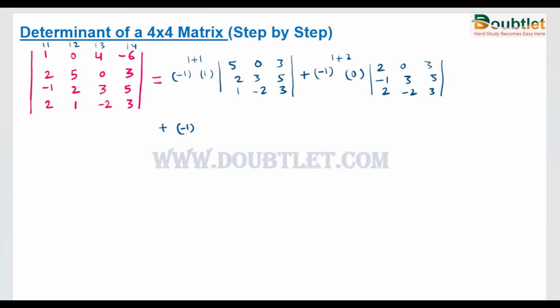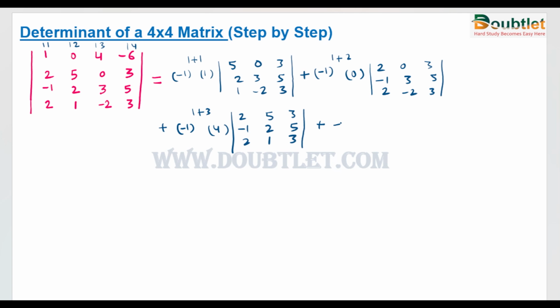Then third, we will check, this will become minus 1 to the power 1 plus 3, this will become 4, and if we cancel out the third column and first row, what we will get? We will get 2 minus 1 2, then 5 2 1, and this will get 3 5 3.